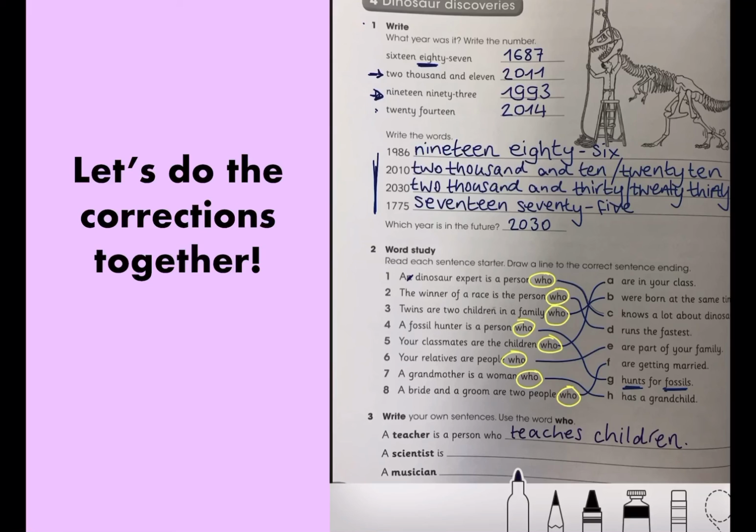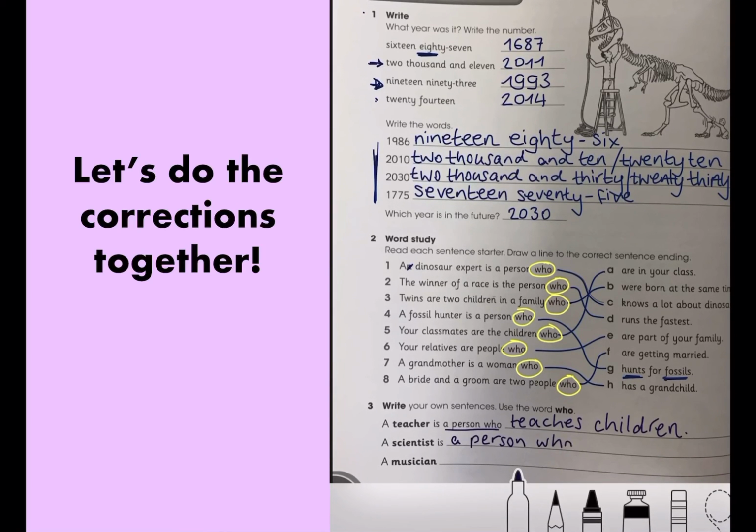A scientist is, okay, what we need to do now is add this bit, okay, because we haven't got it here. So a scientist is a person who, now I'm going to put, makes discoveries. Okay, you can also put something like a scientist is a person who studies animals, who studies plants, who studies people.